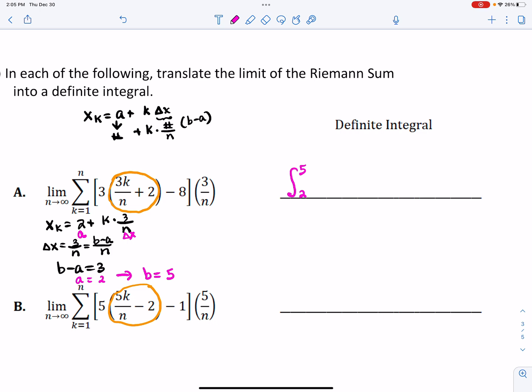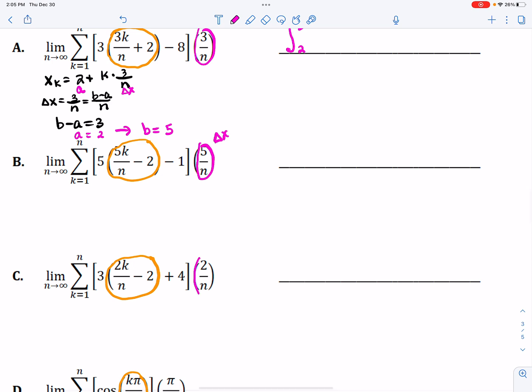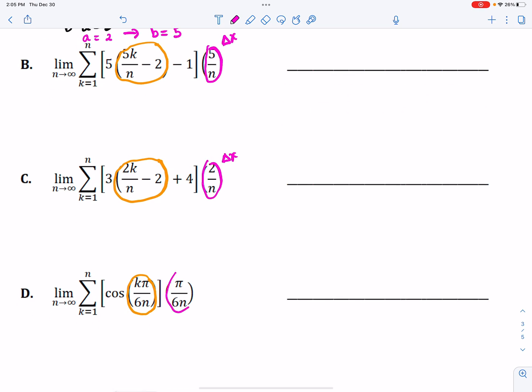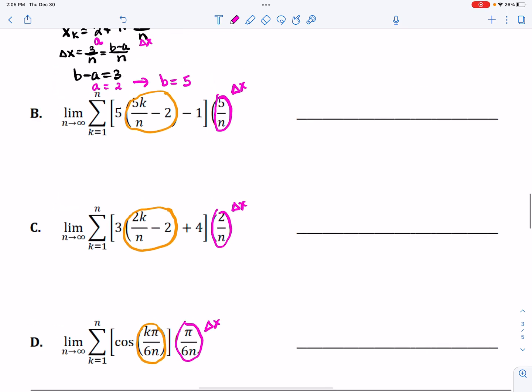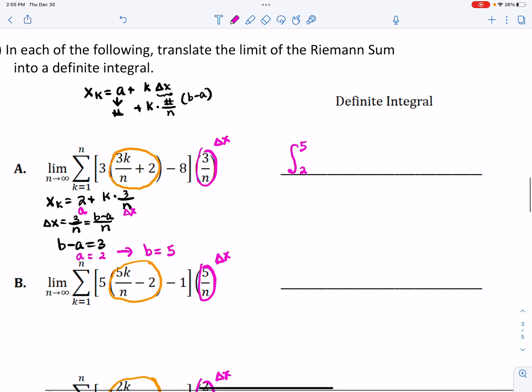Now that we've got the limits of integration out of the way, and we know that this is really our delta x, which we could have found immediately, right? This would be our delta x, and this would be our delta x, and this would be our delta x, right? So the delta x is factored out, which we could have found in the first place, but we also found it from the x sub k piece. We have to figure out what f of x sub k is.